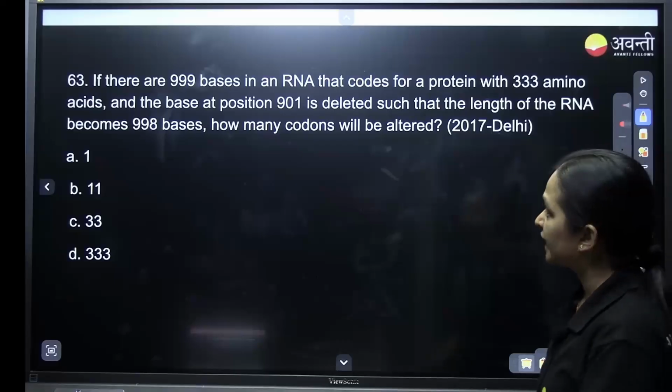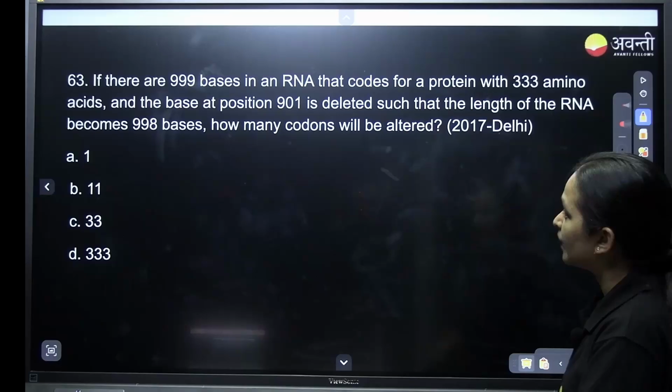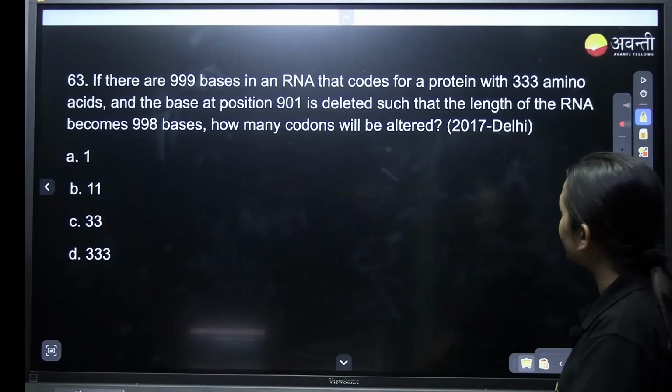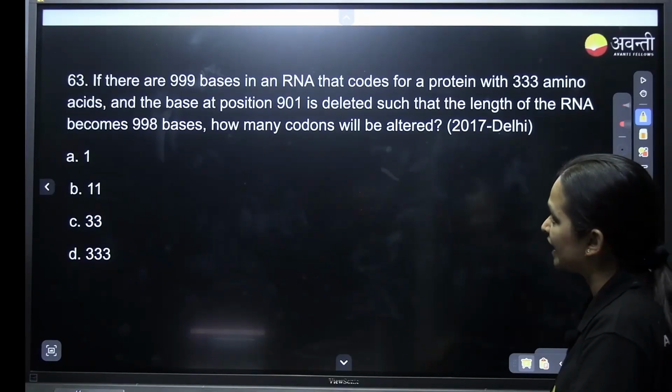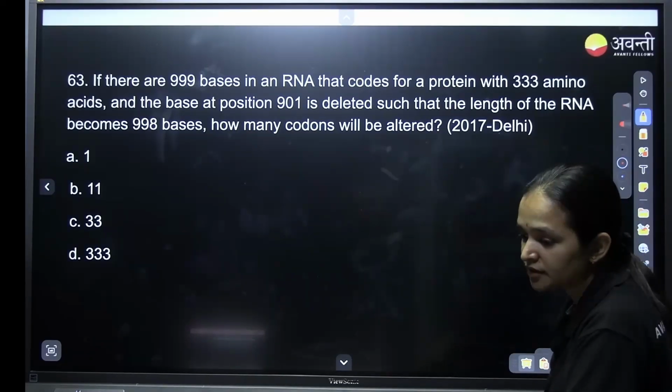If there are 999 base pairs in an RNA that codes for a protein with 333 amino acids, and the base at position 901 is deleted such that the length of RNA now becomes 998 base pairs, how many codons will be altered? Tell me.